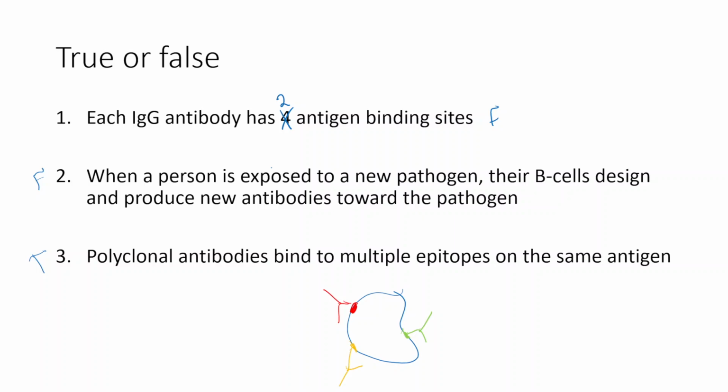You can have one antigen with multiple different sites that different antibodies can recognize, and each recognition place is called an epitope. Does that make sense for everyone? Epitopes versus antigens.